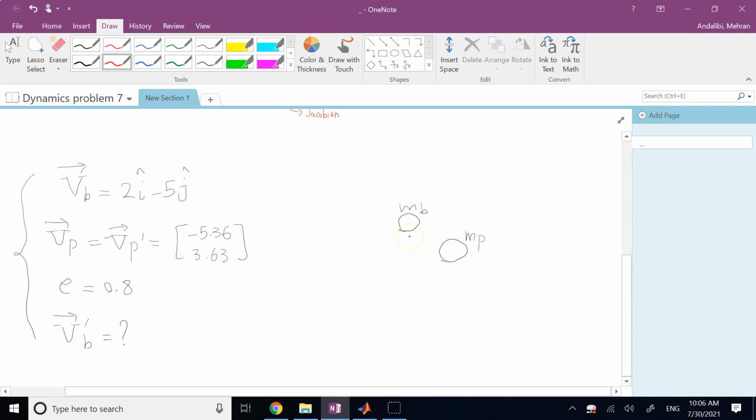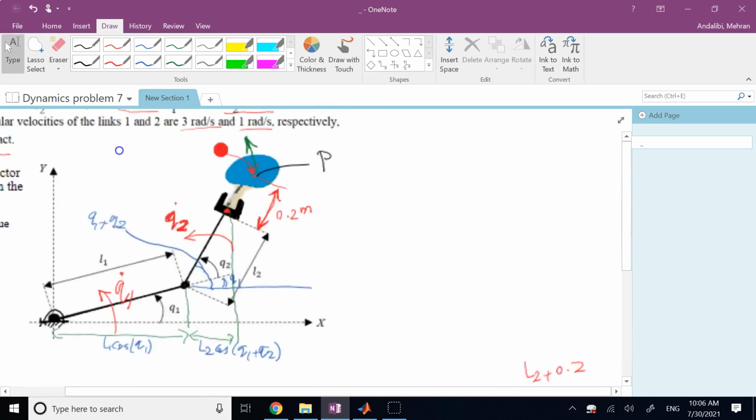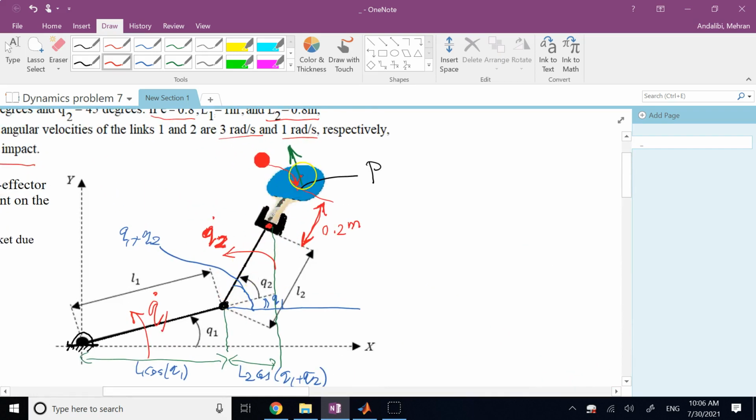And now the problem is you need to find the place that these two will touch each other, so you can find the plane of contact and the line of impact, and that comes from the normal to link 2, correct? Because when they touch each other, the common tangent is the rocket and the common normal is normal to the rocket. Well, the rocket is aligned with link number 2, and the angle of it is Q1 plus Q2.